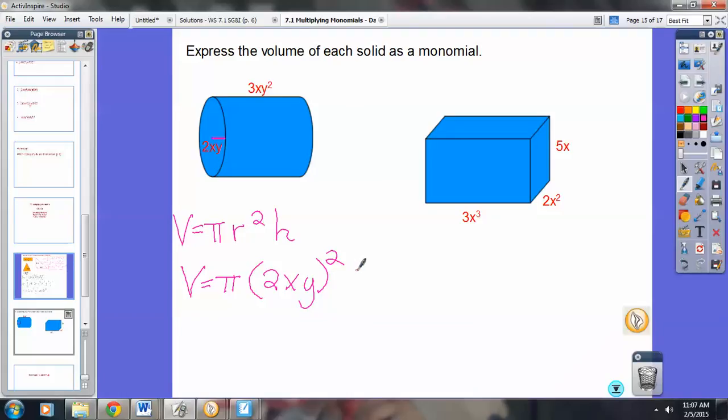How tall is the cylinder? 3xy squared. It's kind of laying on its side. Think of it as a soup can laying on its side. So let's go ahead and simplify. Now we have an exponent to take care of. 2 squared, x squared, y squared.